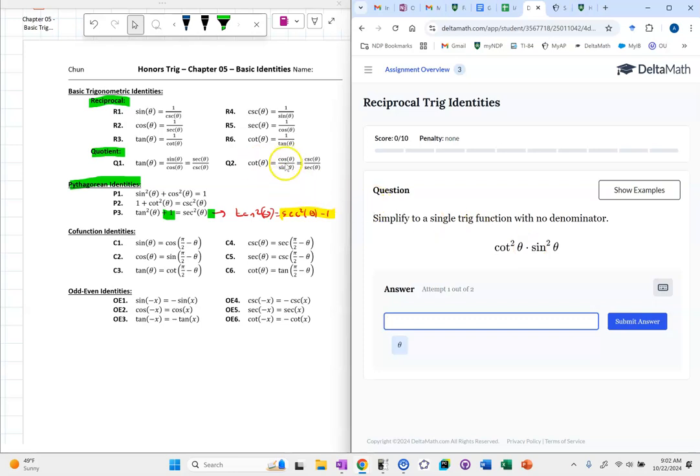So cotangent is cosine over sine, and cotangent squared is going to be cosine squared over sine squared. If I replace the cotangent squared, I'm going to have cosine squared over sine squared times sine squared over 1. I can reduce the sine squared, so I'm left with just cosine squared. And don't forget to put your variable in there.